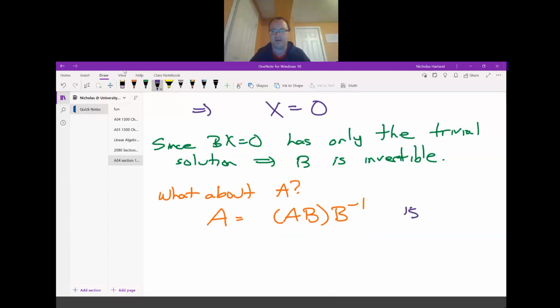This is a product of two invertible matrices. And if you remember back in 1.4, we saw that a product of two invertible matrices was also invertible.